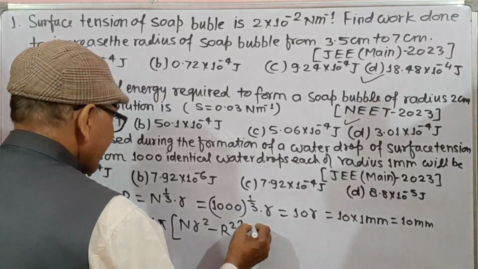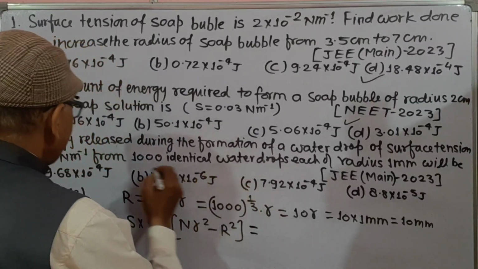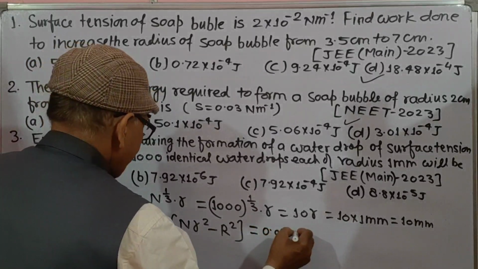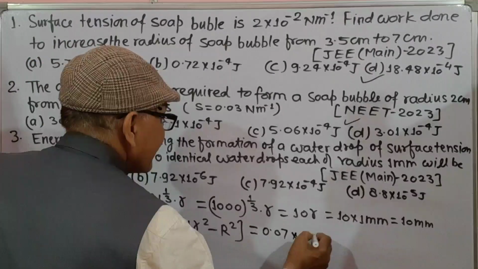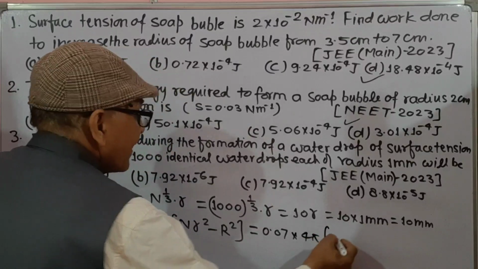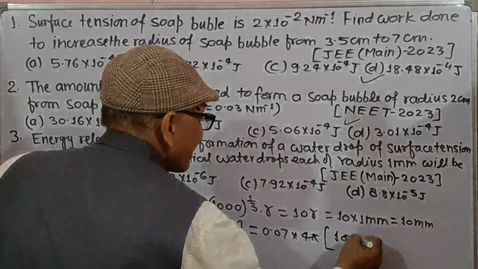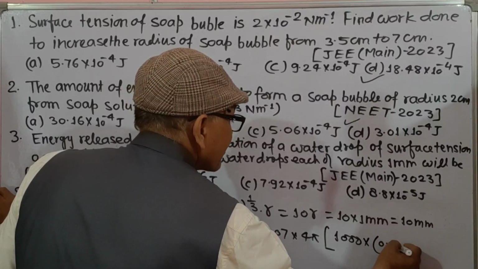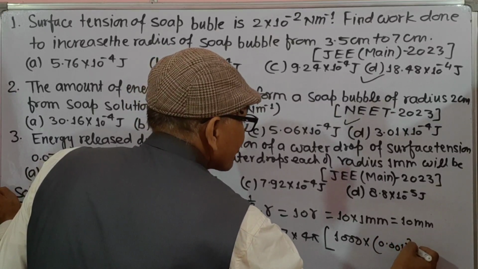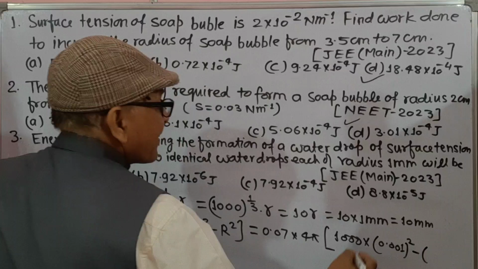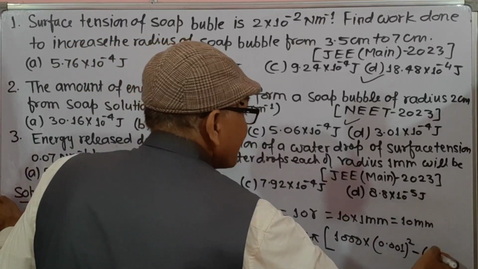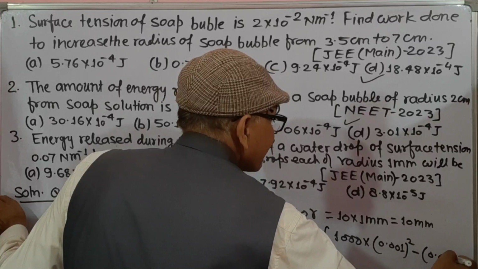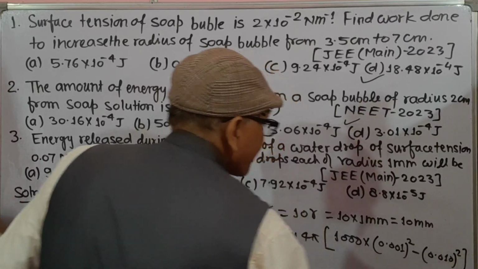Now putting the values we get S is 0.07 into 4 pi into n is 1000, small r is 1 millimeter means 0.001 meter square minus capital R is 10 millimeter means 0.010 square.